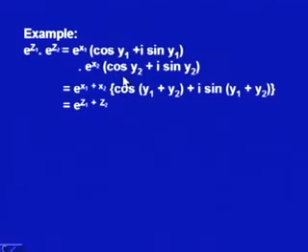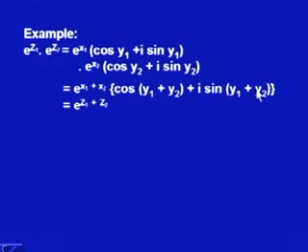If I multiply these two terms, e^(x1) into e^(x2) is common, and this is multiplied by this. cos y1 cos y2 minus sin y1 sin y2 is the real part, and this is nothing but cos(y1 + y2), plus i times, if I collect the imaginary parts in the product, sin y1 cos y2 plus cos y1 sin y2. This is nothing but sin(y1 + y2).